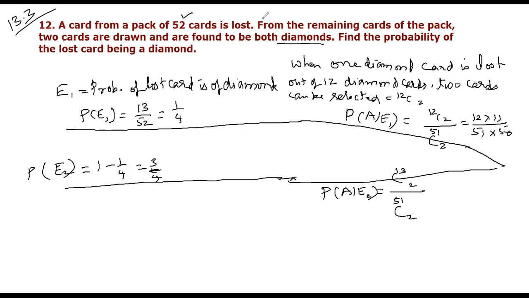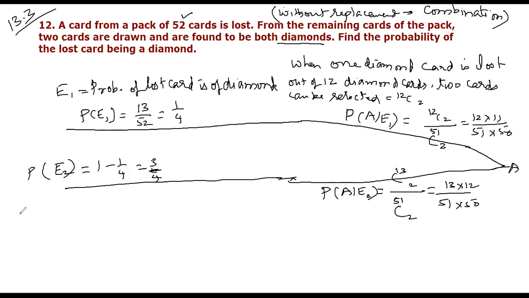Actually, we are doing this without replacement. Just remember, when there is without replacement, it is not written, but you can understand from the question, so you can use the combination, like 5C2, 4C2. Okay, so that's why we used it here. So this will be 13 into 12 upon 51 into 50.